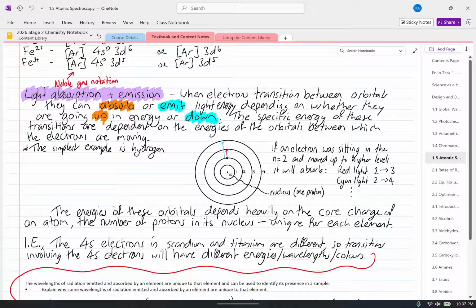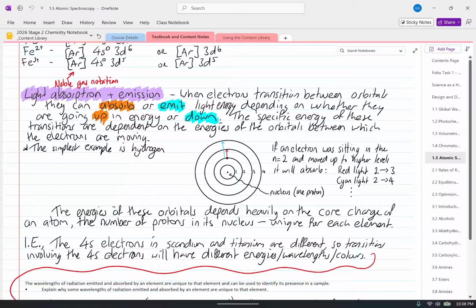Because it depends so strongly on the number of protons in the nucleus, that means that if you have one element and another ion happen to have the same number of electrons, it is still going to have unique transitions because the core charge, the number of positive charges in the nucleus, is unique to that element. Every element has this unique number of protons, therefore they will have a unique set of absorption or emission transitions.